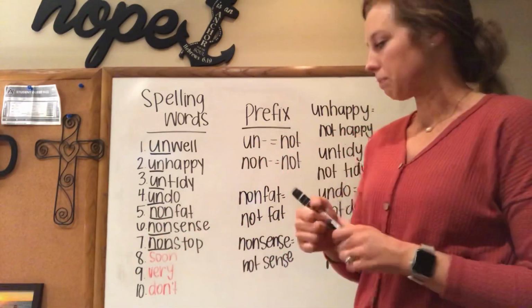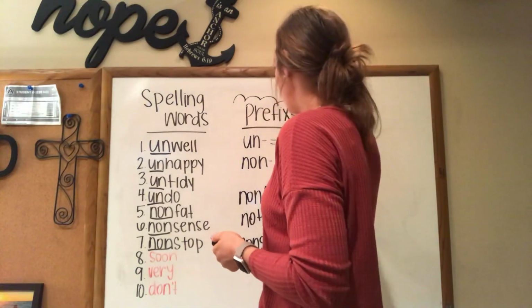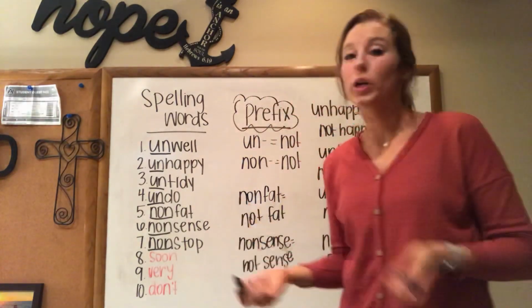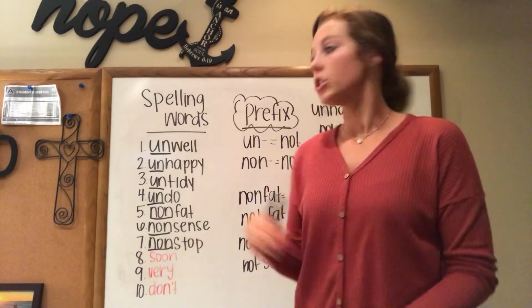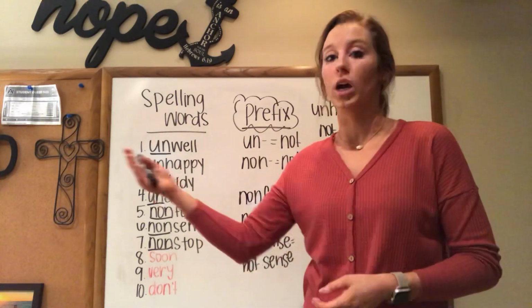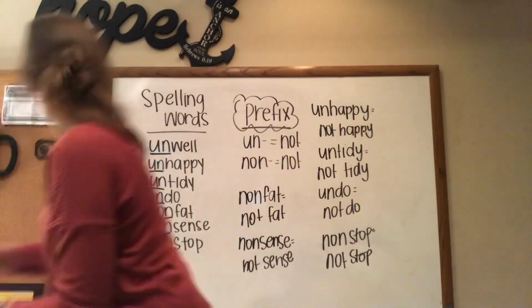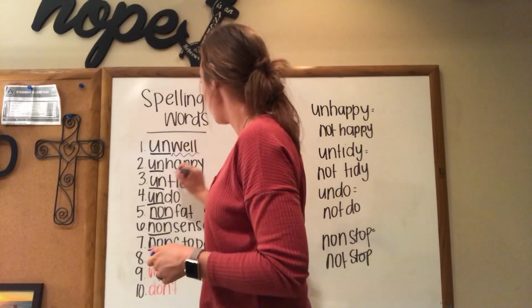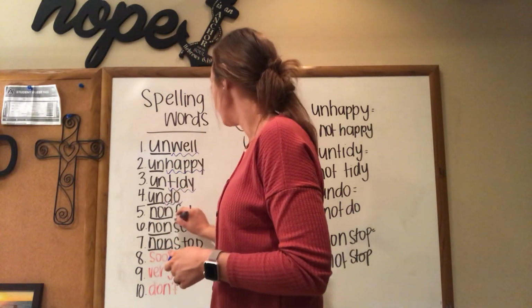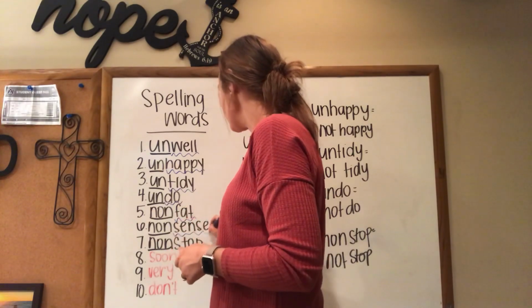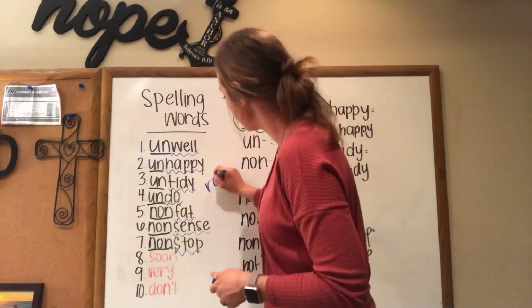So nonstop. So those are called prefixes. Un and non are prefixes. Pre in itself is actually a prefix. It means to come before. So prefix means to come before another word. So when we see the words well, happy, tidy, do, fat, sense, stop, those are the root words.